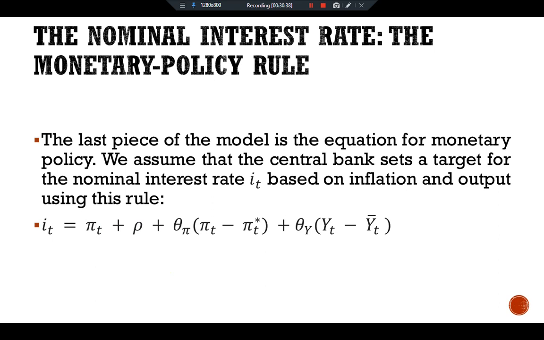So this equation tells us how the central bank uses monetary policy to respond to any situation it faces. That is, it tells us how the target for the nominal interest rate chosen by the central bank responds to macroeconomic conditions.